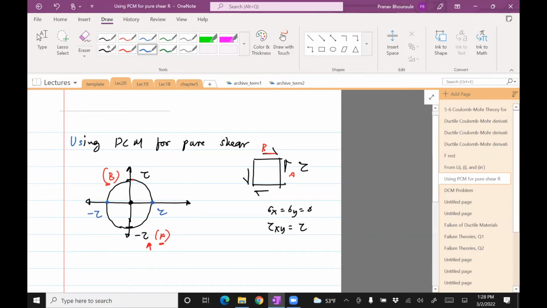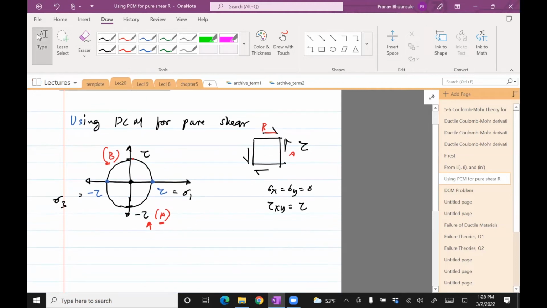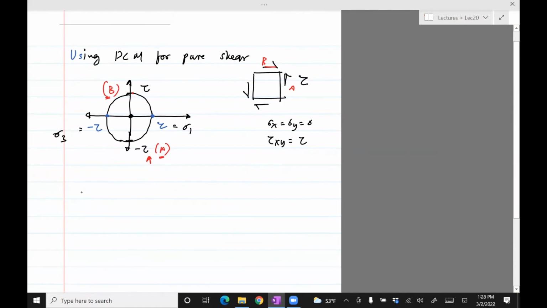So clearly this is sigma 1, the maximum stress. This is sigma 3, right? The intermediate stress is 0 because it's a plane stress, so one of the stresses has to be 0. So for pure shear, sigma 1 is tau, sigma 3 is minus tau, and so from DCM, we have sigma 1 divided by ST minus sigma 3 divided by SC equals 1.